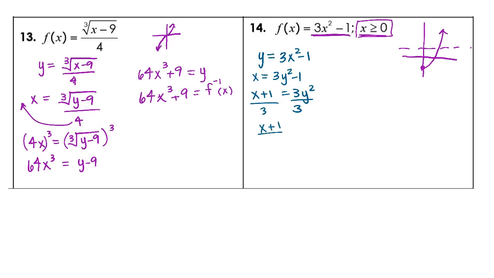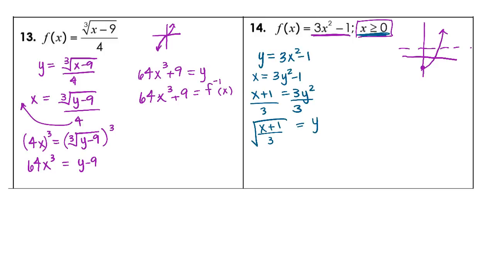So we have x plus 1 over 3. And then with the square root, we normally put plus or minus. But notice we already know that we're just on the positive side. So we are going to leave this positive. We're going to negate the negative. But even inside this, we still have a domain issue.